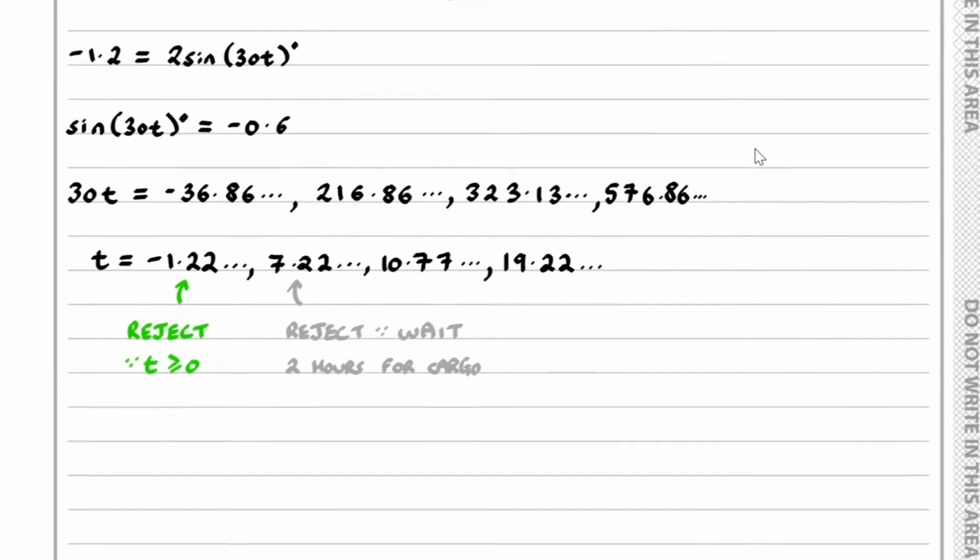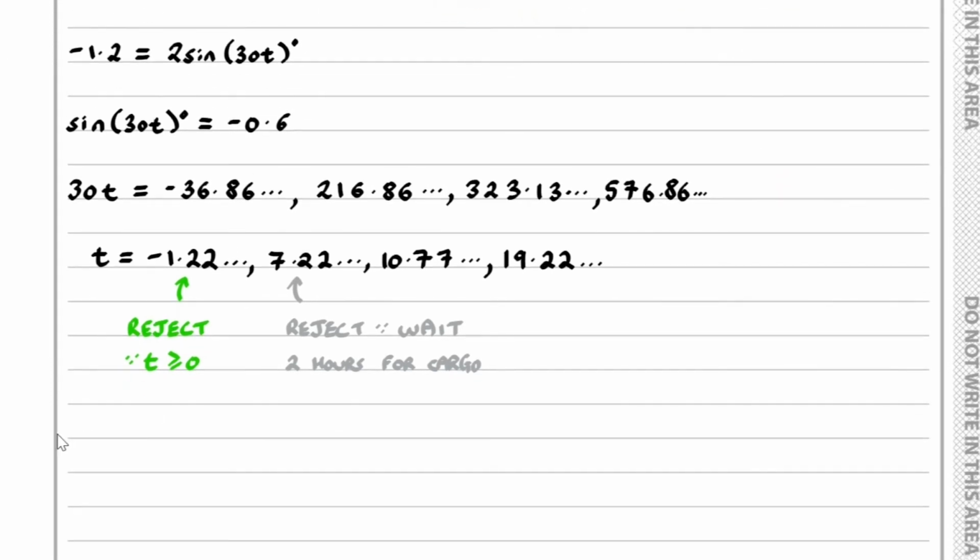And so because we want the earliest time, we can therefore conclude that t is equal to 10.77, etc., which is the only value.